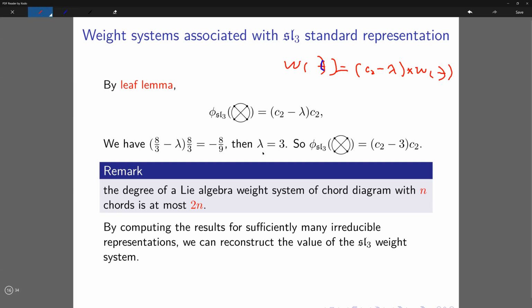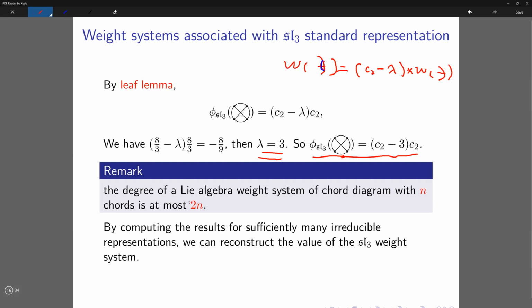And this lambda is related to the bilinear form we used, which is a trace of the product under the standard representation. And so we get a universal weight system, not associated to any representation. The weight system is C2 minus 3 times C2 for this chord diagram.